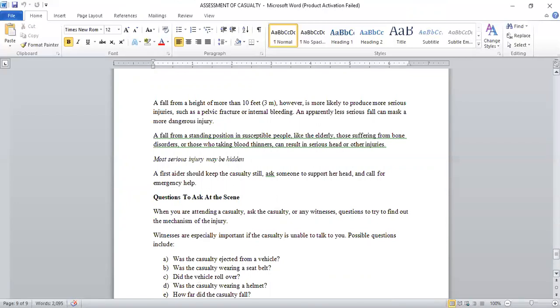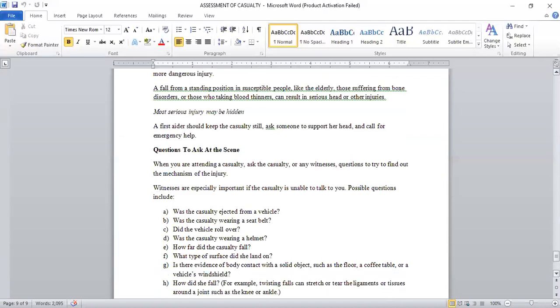Maybe after the accident, he moved out of the vehicle, depending on the force exerted in the mechanism of the injury or the accident. Did the vehicle roll, and so on. So these are just sample questions which you can ask.